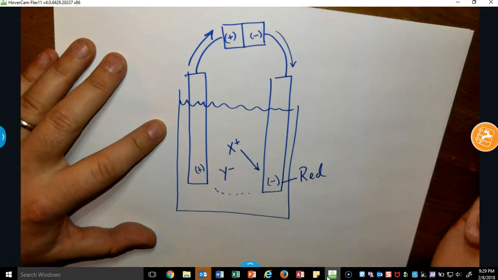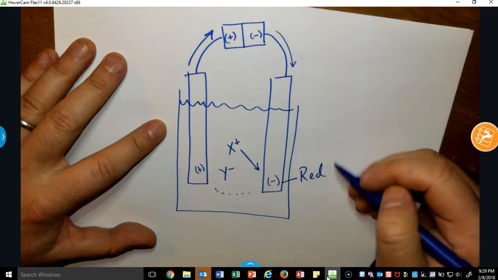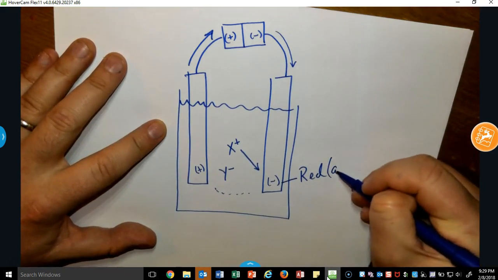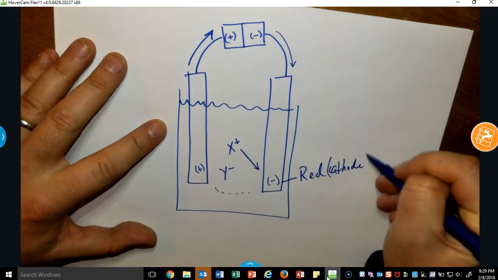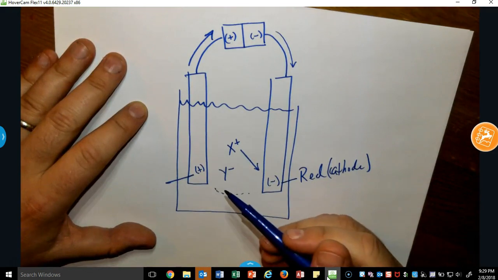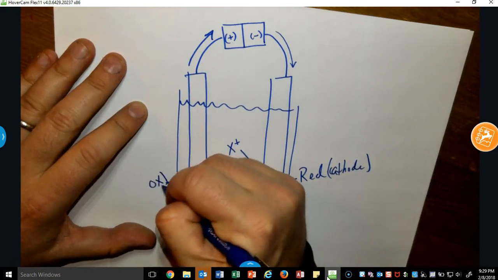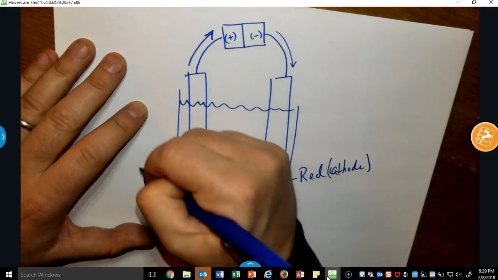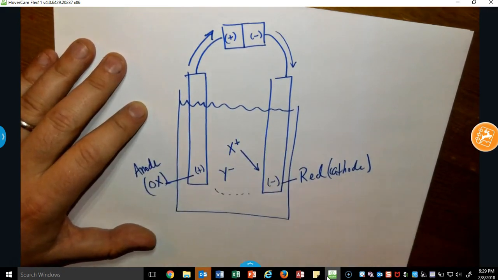So because reduction is occurring there, we know that this will be called the cathode. Now, the positive electrode will attract the negative ions where they will be oxidized. So because they are oxidized, this is called the anode.